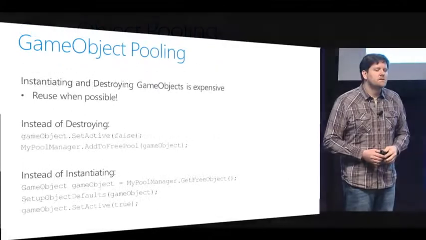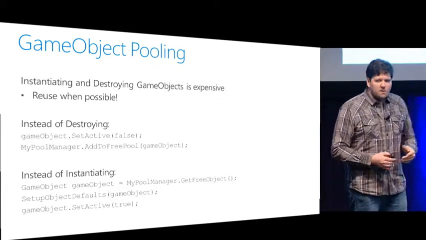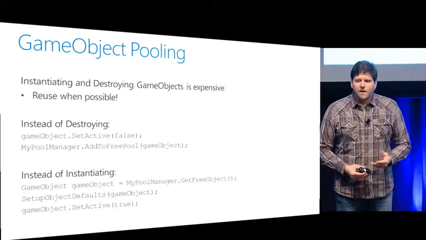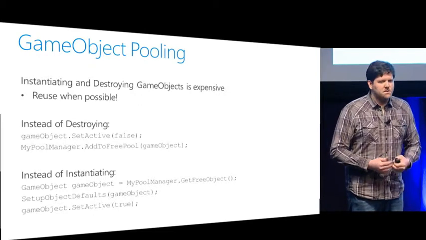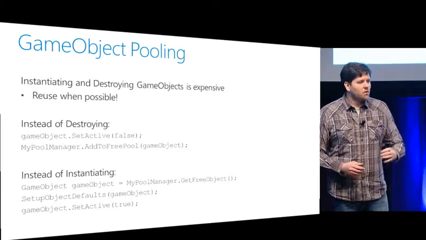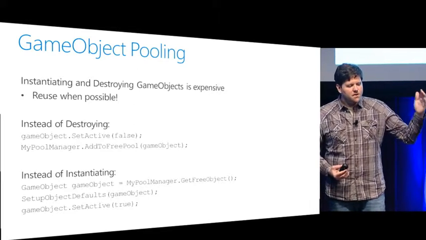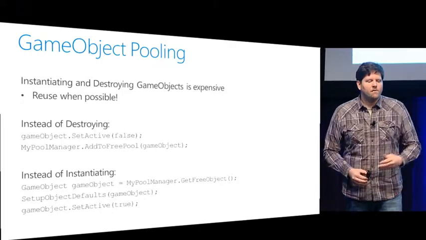Big savings. Other cool things you can do here are potentially even getting a little more fine-grained and getting particular types of game objects. Let's say you have an RPG and you have different monster types which use different components or scripts, like orcs and trolls and goblins. You don't want to retrieve an orc game object if you're going to instantiate it as a troll, because maybe you have to add and remove some components, and that's expensive too.